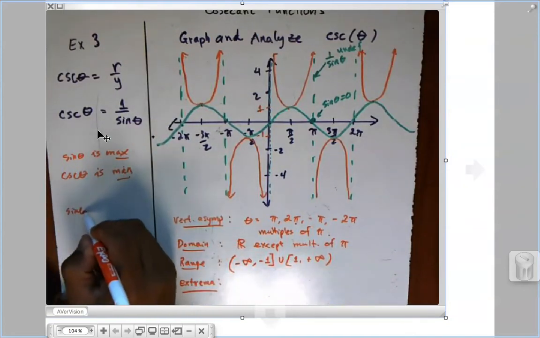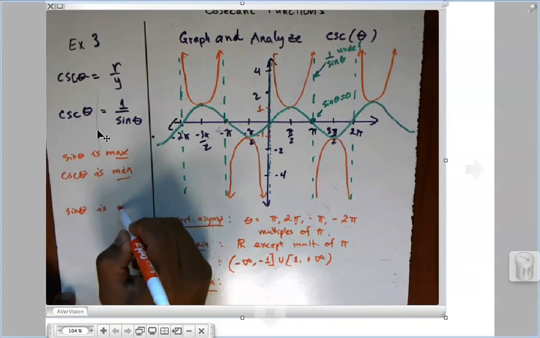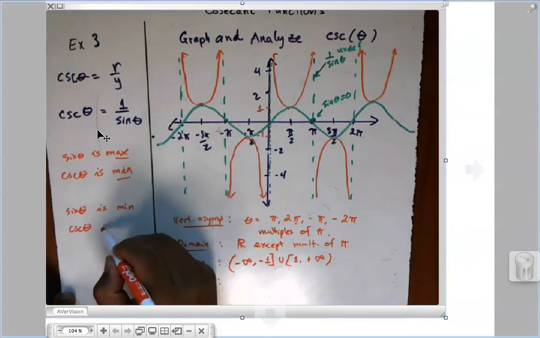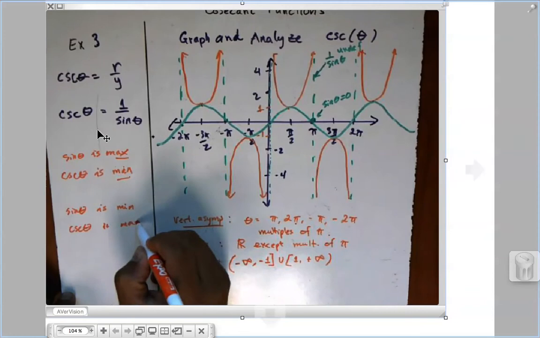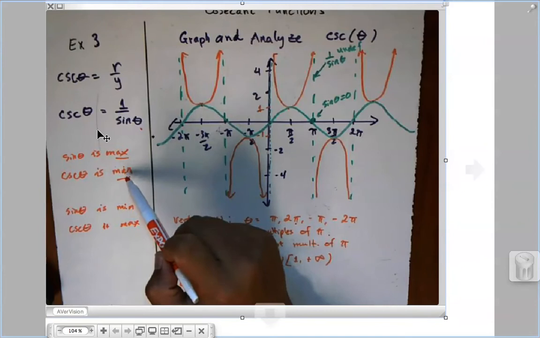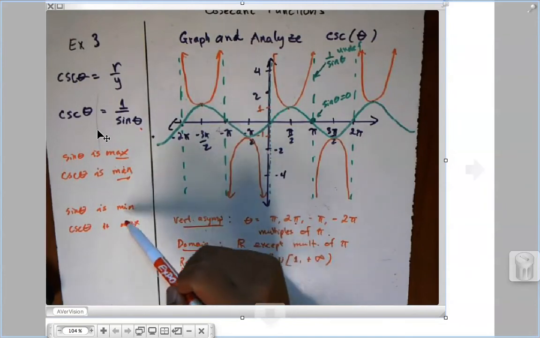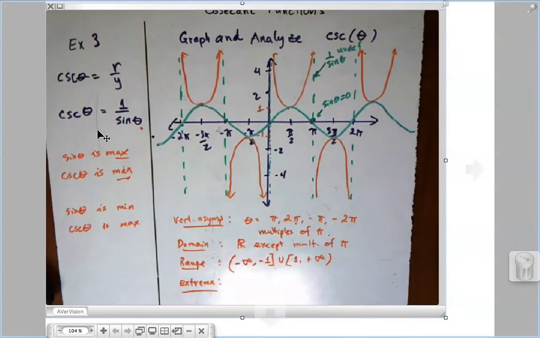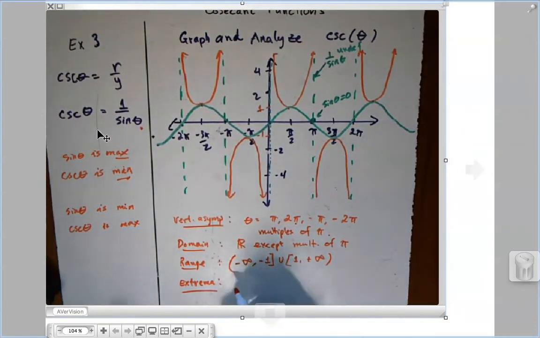When sine is at its minimum, cosecant of theta, which is the reciprocal of that, is at its maximum. In other words, if you divide by a really, really big number for sine, you're going to get a really, really small number for cosecant. If sine is at its min, in other words, this number here is small, then cosecant is going to be big.